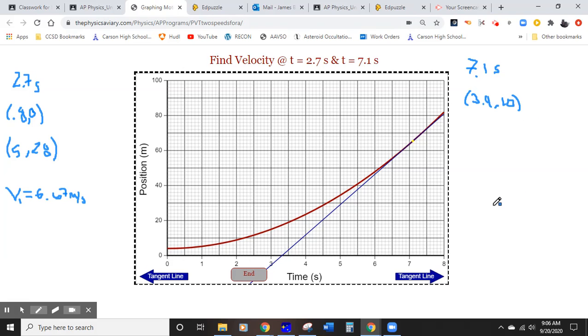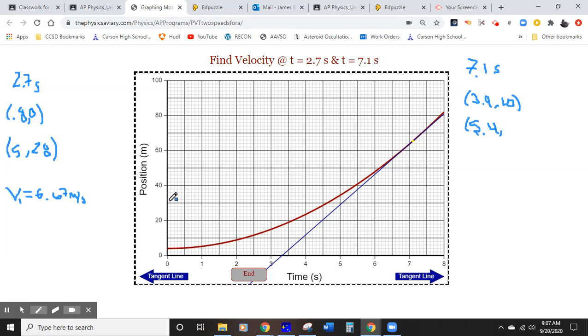Let's try to find another point that's kind of close. I'm going to pick this one right here. So this is 5.1, 5.2, 5.3, 5.4. So 5.4 is right here, and it looks like it's going to be 36.